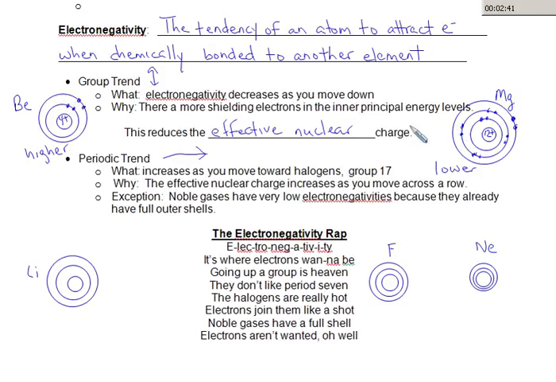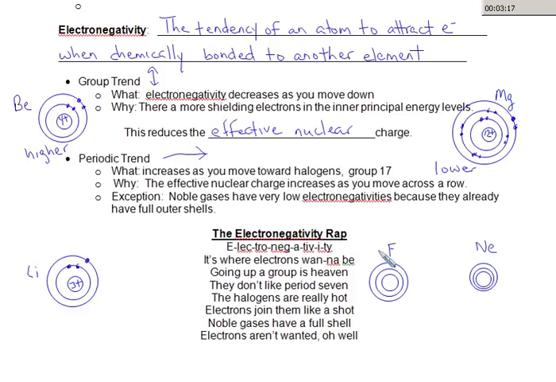Now, let's take a look down and see what happens with periodic trends. And in this case, we're going to be moving across the second period from lithium all the way over to fluorine. And let's go ahead and put our protons in first. We have 3 protons in lithium's nucleus. We have 2 electrons in the first principal energy level.